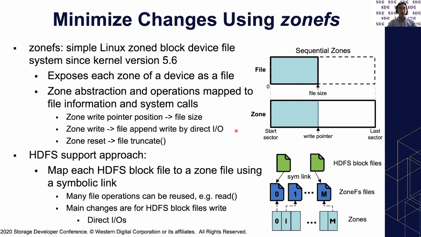To write data to the zone, it can be done by file append write with direct I/O. To erase the data, zone reset can be done through the file truncate system call.